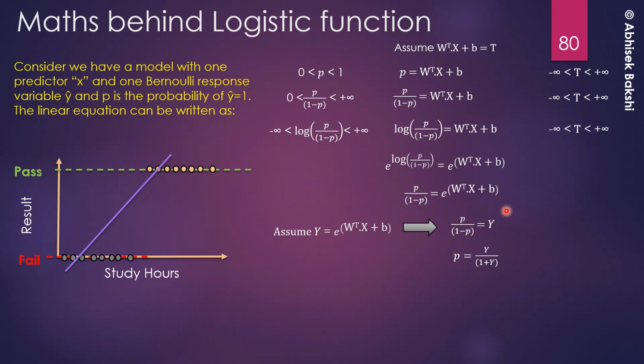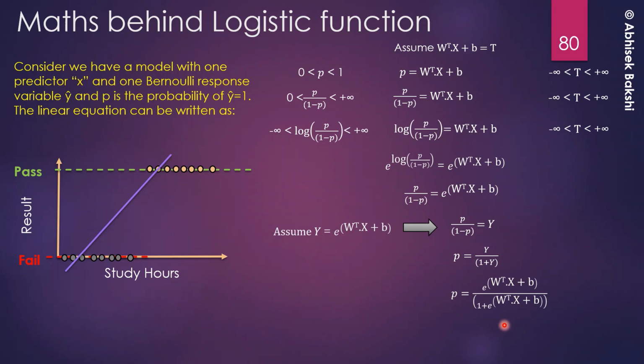Naturally, I have a step jump here, you can check it at home. I can simply write y by 1 plus y, and instead of y, if I put this value, e to the power w transpose x plus b by 1 plus e to the power w transpose x plus b, right?